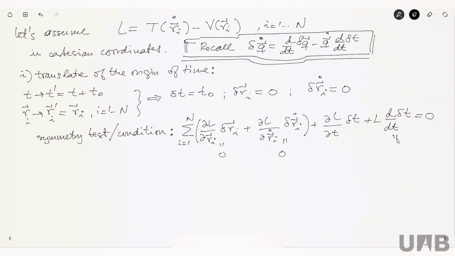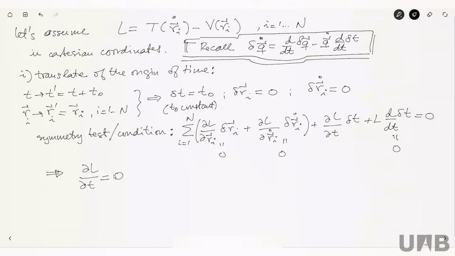The derivative with respect to time of delta t is also 0 because delta t is a constant, t0. So finally, it is the partial derivative of the Lagrangian with respect to t, which is 0. So this leads to the condition that the Lagrangian cannot depend explicitly on time.